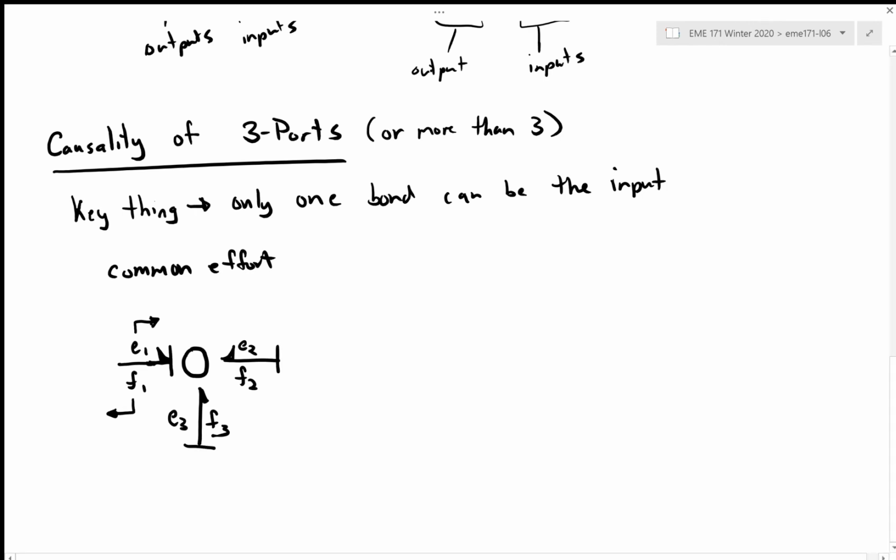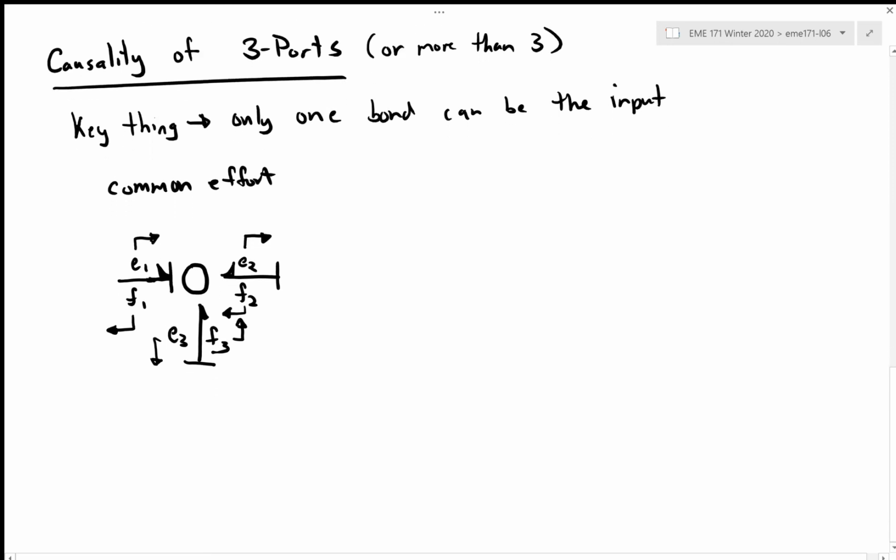So this gives me one effort as the input to that 0 junction, and the other two are the output. Now that means that for the flows, that is opposite. We have many flow inputs and only one flow output. So what does that look like in terms of the equations? Well, E2 is an output, E3 is an output, and they are both equal to E1.